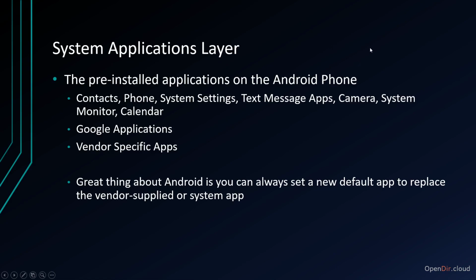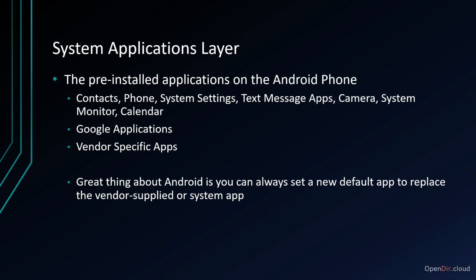Okay, and the last and final area of the Android architecture is the system applications layer. And this is where we're going to find our pre-installed applications on the Android phone. Generic things like our contacts, phone, system settings, text message apps, camera, etc. Also, something that has become very popular is that many Android phones come with some default Google applications installed, like Gmail, Google Settings, Google Maps, all that kind of stuff, right?